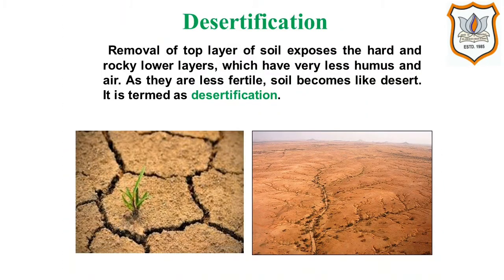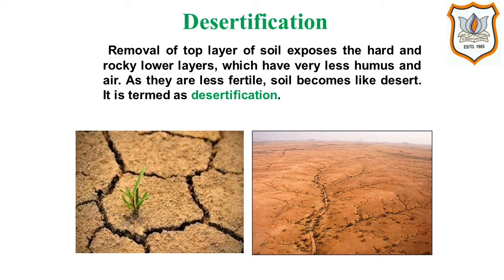Now the second term is desertification. What is desertification? The top layer of soil is the most fertile soil. The removal of top layer of soil during soil erosion exposes the lower hard and rocky layer of soil.